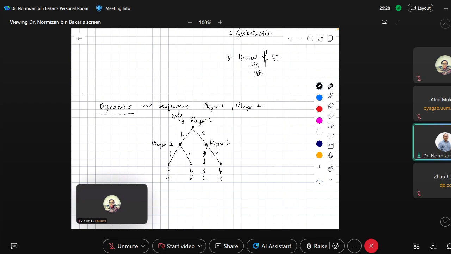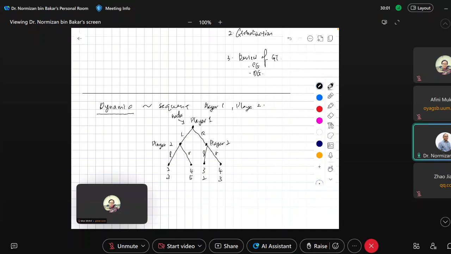So in this game, it shows sequential movement between these two players, player one and player two. In this case, player one moves first, and player two moves after he sees the choice of player one. Okay, so we anticipate what player one's choice is.